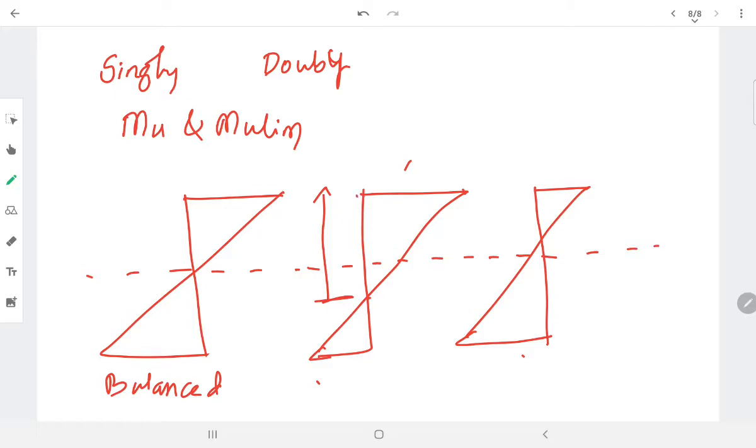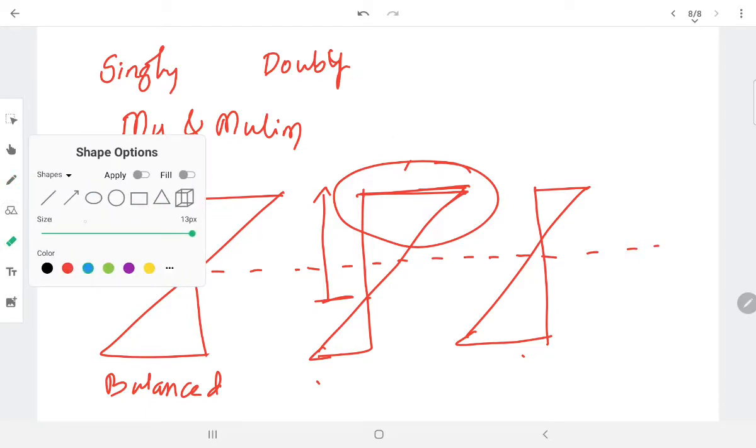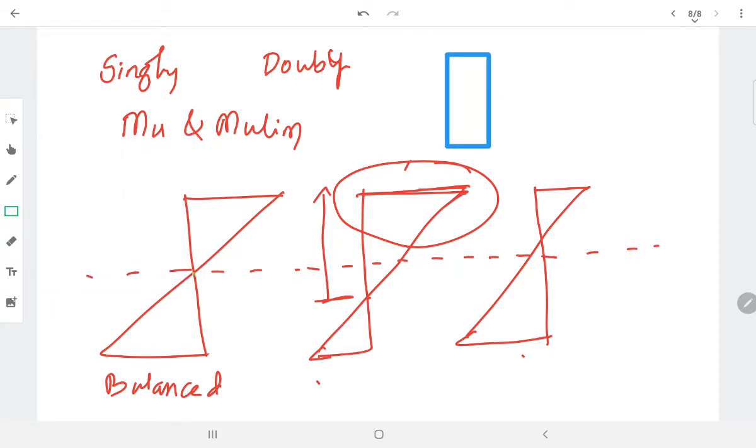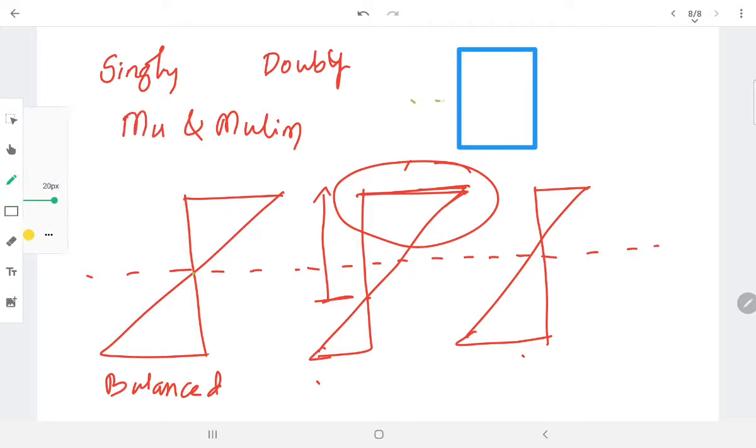If the strain at the top fiber increases beyond the limit of the grade of concrete, there is a chance of failure at the top fibers. When you take a beam, I'll draw the beam here. This is the depth of neutral axis. Suppose in this portion the strain increases beyond the capacity of concrete.